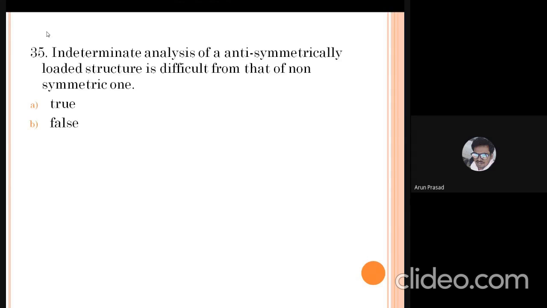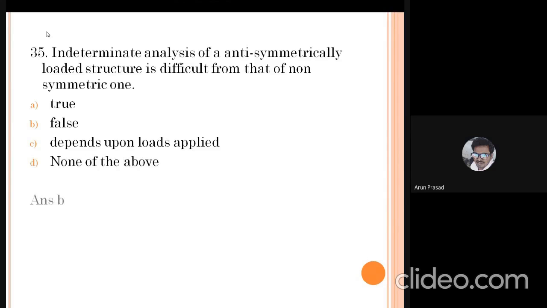So indeterminate analysis of an anti-symmetrical, that is non-symmetrically loaded structure, is difficult from a non-symmetrical one, or depends upon the load applied, or none of the above. So the answer will be, it's not a difficult one, so it will be similar to that of the anti-symmetrically loaded structure for analyzing the indeterminate analysis.